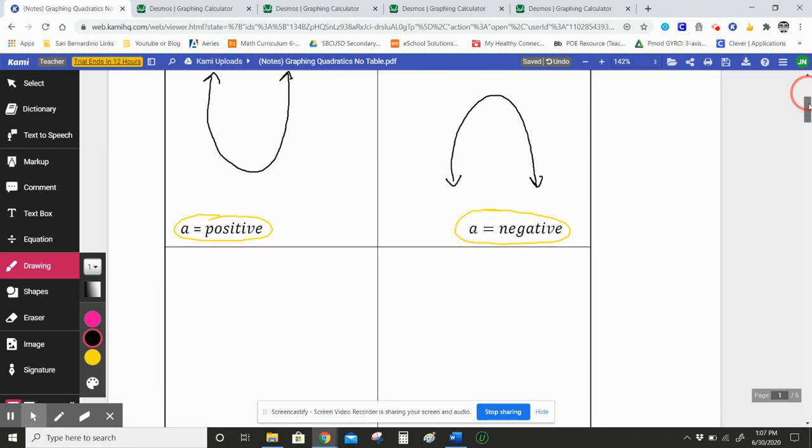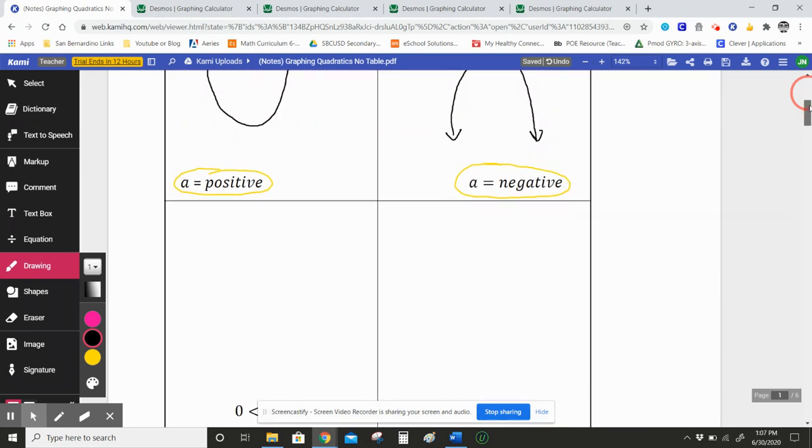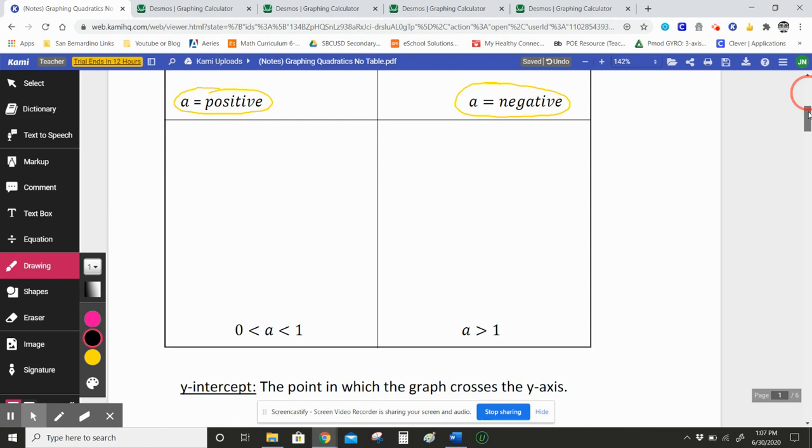Another thing that the value of a gives us is whether it's going to be a wide parabola or a skinny parabola. When the value of a is between 0 and 1, a fraction that is less than 1, that means it's going to be a wide parabola.